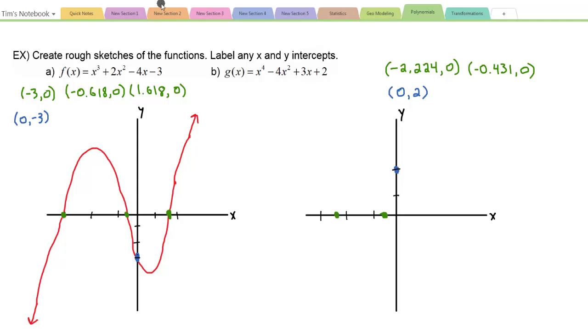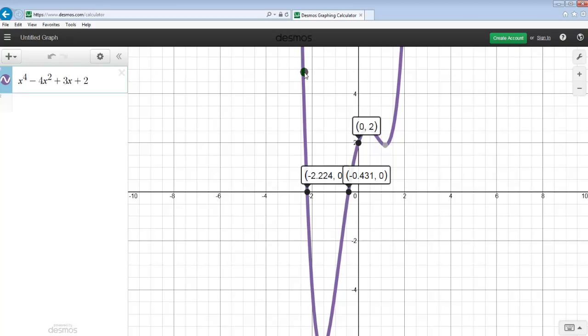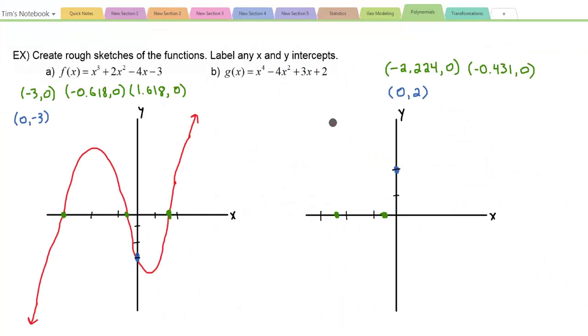My next step would be putting in the end behavior arrows. So looking back at Desmos, it looked like both my ends are going up towards positive infinity. So I'm going to have an arrow going up like that, and then another arrow going up like that. So from the left arrow here, I want to fill in my graph.